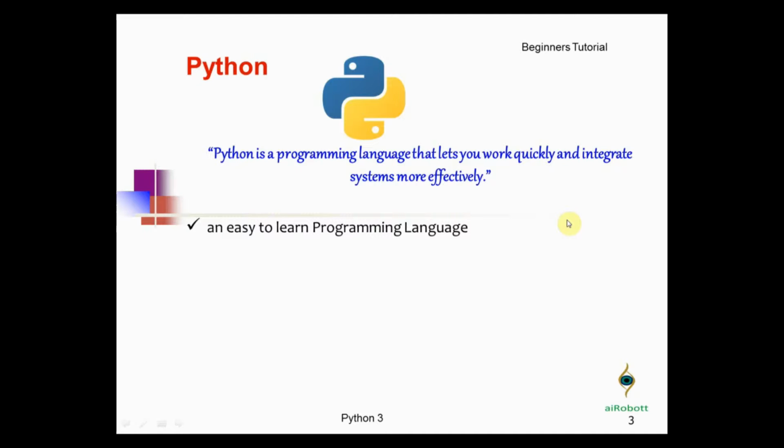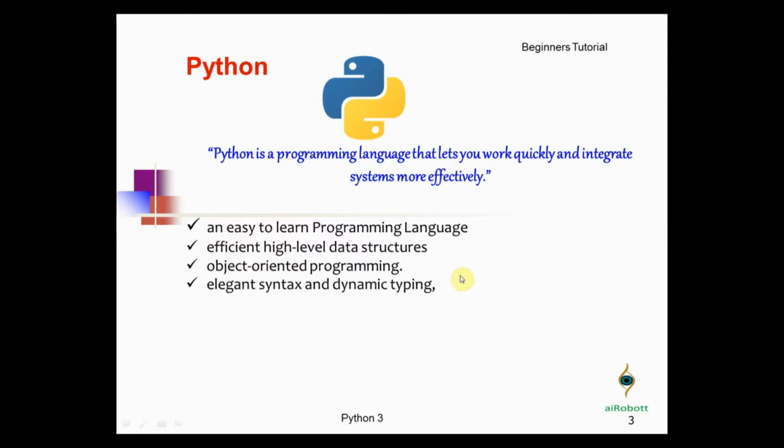It is a high level language, and it has high level data structures so that you can write data structures very efficiently. Python is an object-oriented programming language, and it uses object-oriented styles. It has an excellent syntax and dynamic typing.